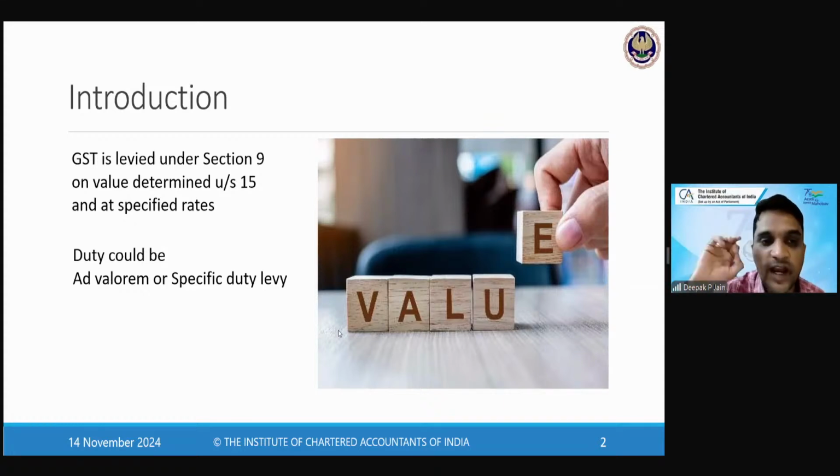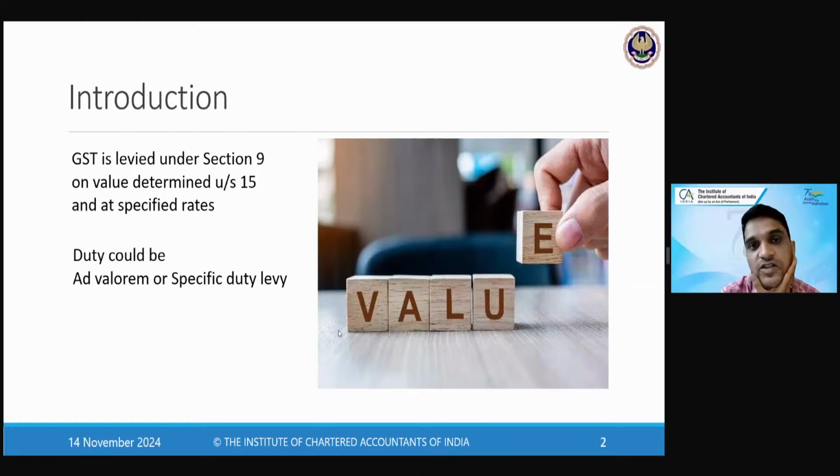Such things are called specific duty levy. So duty could be ad valorem or specific duty. In GST, most of the valuation is on an ad valorem basis, which means GST is a percentage of the value at which you supply. Specific duty is only on some tobacco products, but otherwise on all it is on an ad valorem basis. Now, why is value important? Because GST is levied under Section 9, and it says on the value as may be determined.